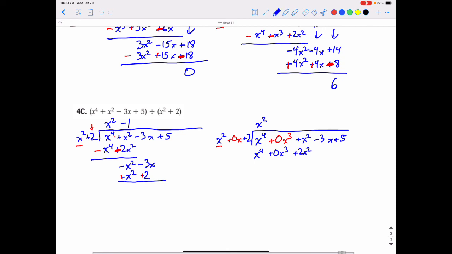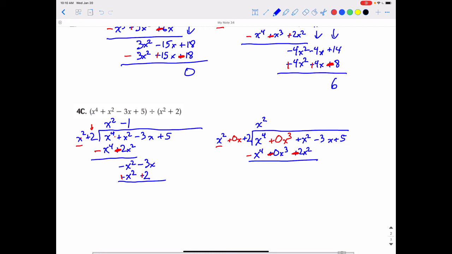Then we change the signs so we can subtract the algebra way. So x to the 4th minus x to the 4th cancels. There's no more x to the 4ths. X to the 3rd minus 0x to the 3rd is just 0x to the 3rd, which really means they cancel too. So since we've canceled 2 terms, we will bring down 2 terms.